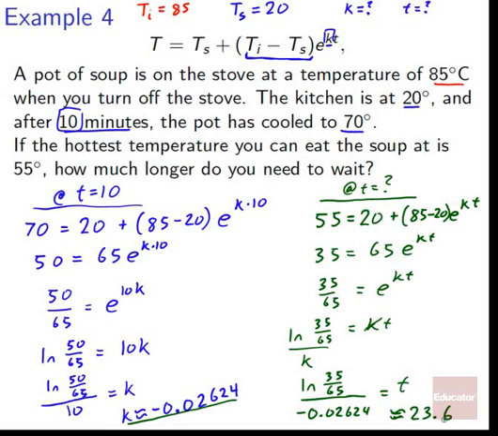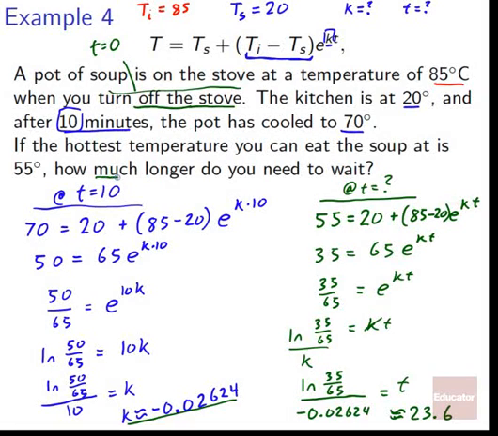So 23.6 minutes from the moment that we turn off the stove, because when we turn off the stove, that was our time of t equals 0. So 23.6 minutes from the moment we turn off the stove is going to be the soup at 55 degrees Celsius.